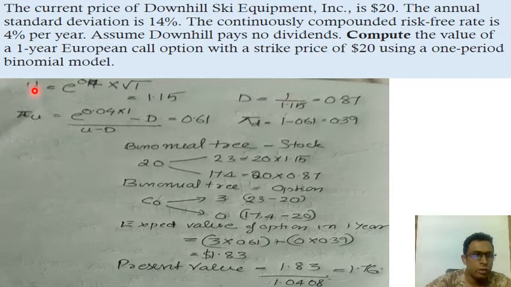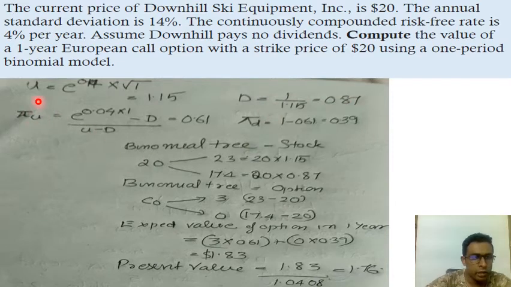So the value of u is equal to 1.15 as computed, e raised to 0.14 into root 1, and d is equal to 1 by 1.15, which is 0.87. So multiply u with our current stock price, we will get the upstate value, and multiply d with our current stock price, we will get the downstate value.